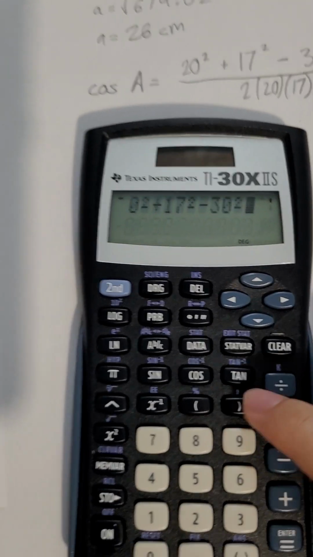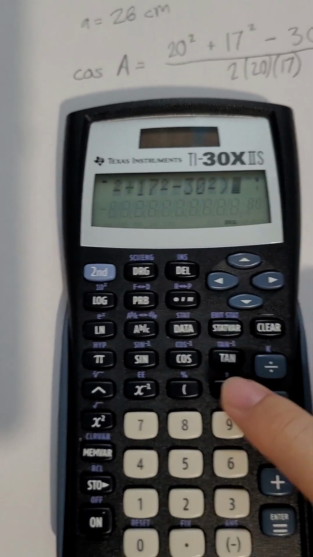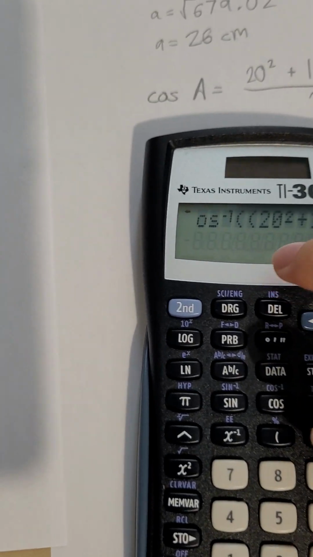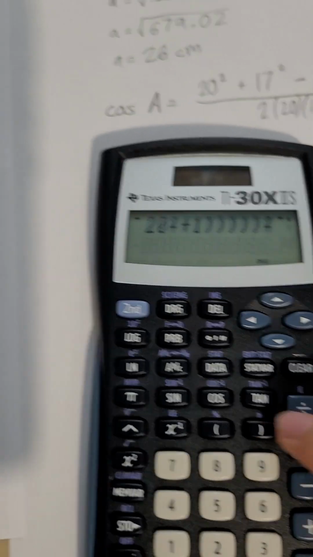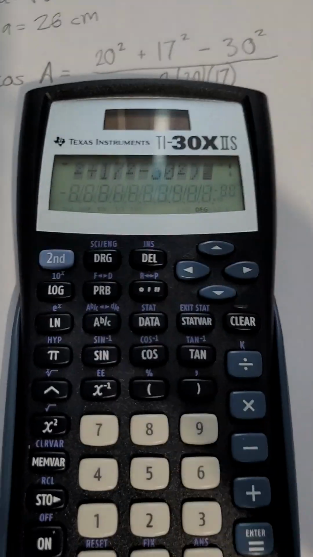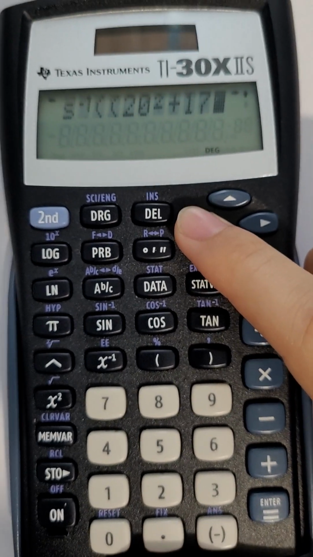And then at the end of this, we put another bracket. So it's taking the cos of everything that's in the brackets, right? Whoa, hold on, I did something bad. Give me just a second. Okay, I made a little tiny mistake there, but we have the same thing.